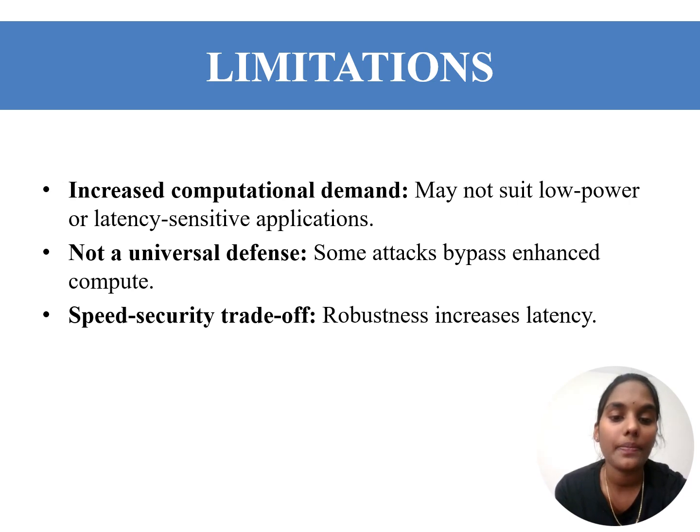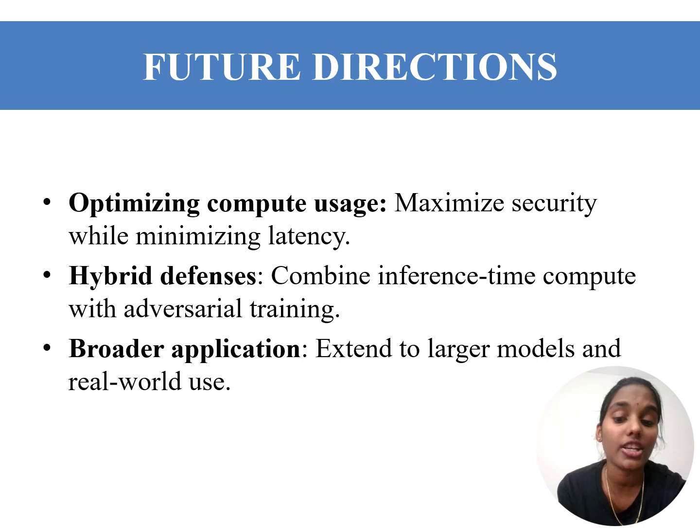Coming to future directions, first, optimize compute use: find smart ways to use just the right amount of extra compute, not too much and not too little. Second, combine with traditional defenses, using a hybrid approach that includes both adversarial training and inference time compute.